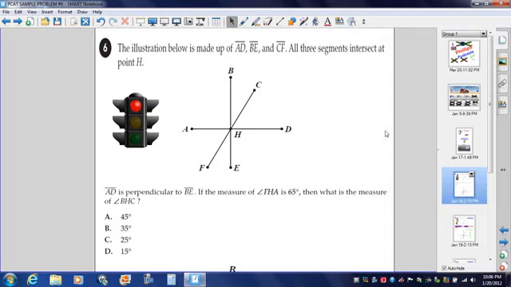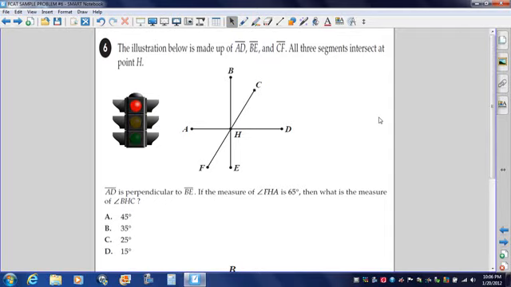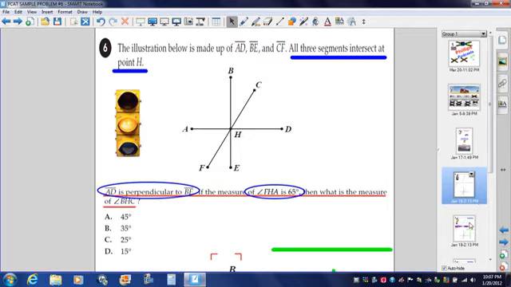If you guys would, please take a moment to read problem number 6 in your packet. On the FCAT, I'm going to remind you, red light means stop and read the problem. Yellow light, let's slow down and underline, circle, box important information.